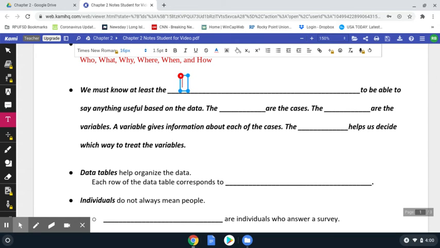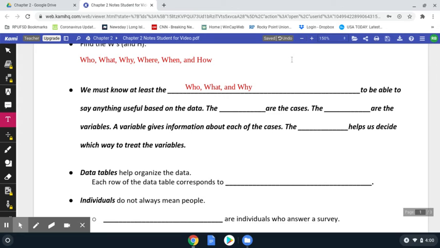There we go. And really, we want to start with the who, the what, and the why. If we have the who, the what, and the why, that's kind of like the minimum to be able to say or make useful statements regarding our data. Okay, without any of that, we really sort of run into a bit of an issue, and we can't move forward with that.